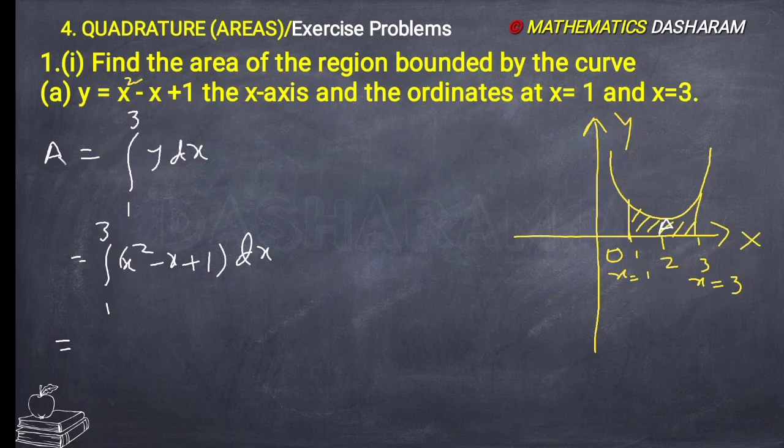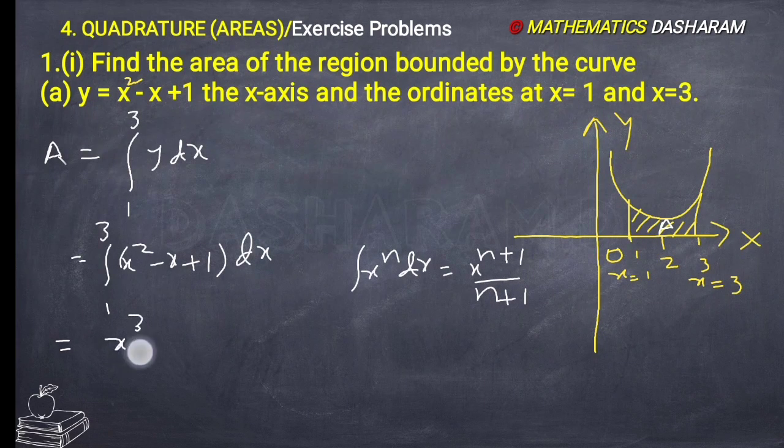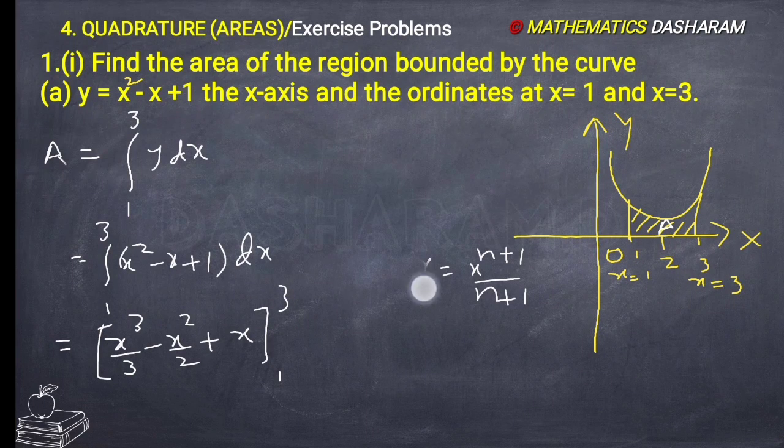Then integration of x to the power of n dx equals what? x to the power of n plus 1 divided by n plus 1. So then here x cube by 3 minus x square by 2 plus x, and here write the limits 1 to 3.